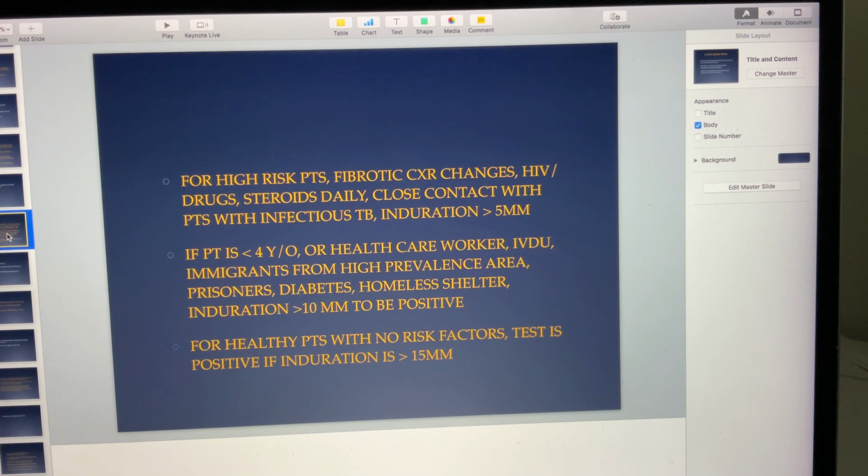The induration that will be considered positive is greater than 10 millimeters. Then you have the third group, which includes healthy patients with no risk factors. So they get a lot of leeway, the most freedom. The induration is greater than 15 millimeters.